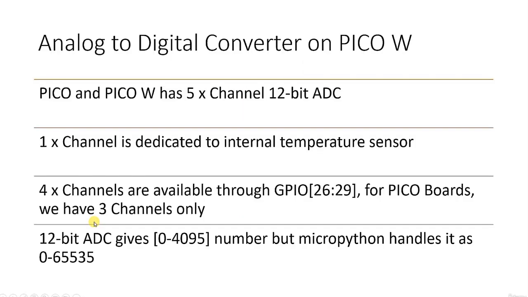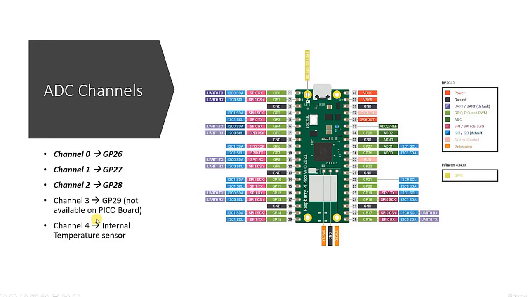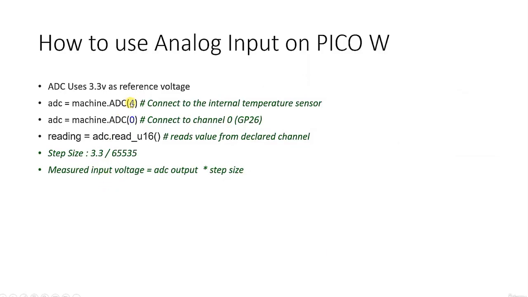So if you want to use the temperature sensor, you give channel number 4 here. Otherwise, you give anything between channel number 0, 1 and 2. This is initialization of the ADC module in MicroPython. Then for reading the value, you simply initiate a variable equal to adc.read_u16(). That will read the value from the declared channel and give it to you.